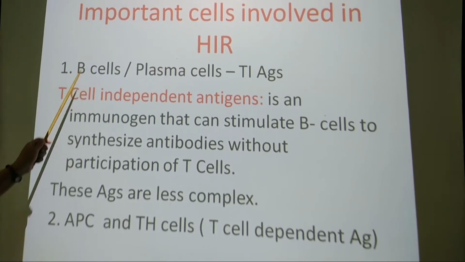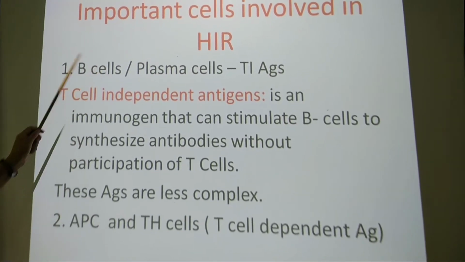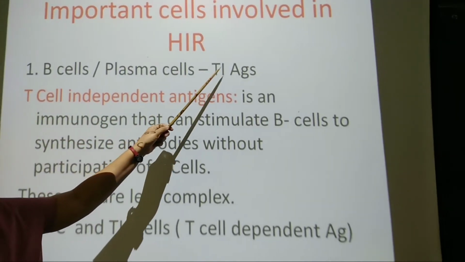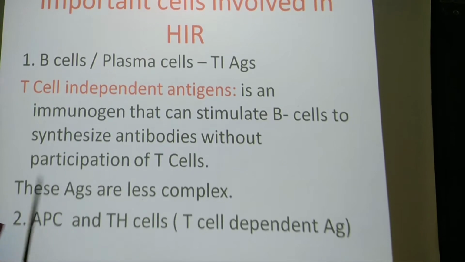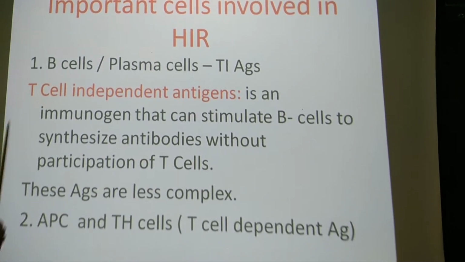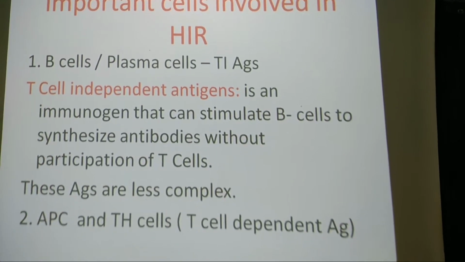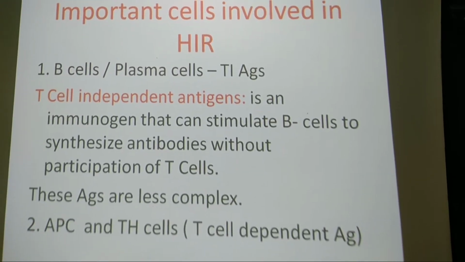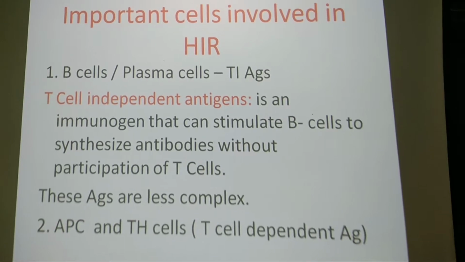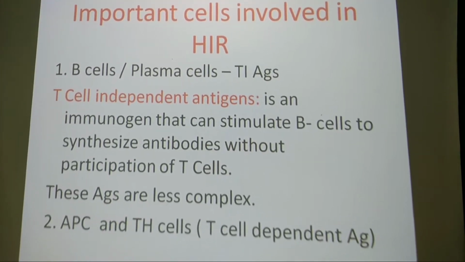B cells are the main cells involved when the antigen that has entered is T cell independent. T cell independent antigens are immunogens that stimulate B cells to synthesize antibodies without the help of T cells.